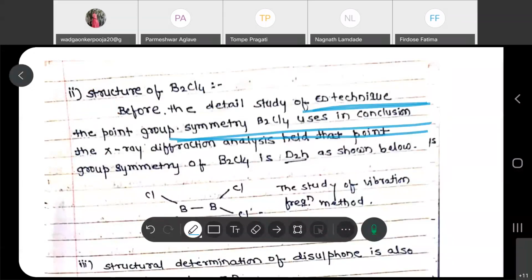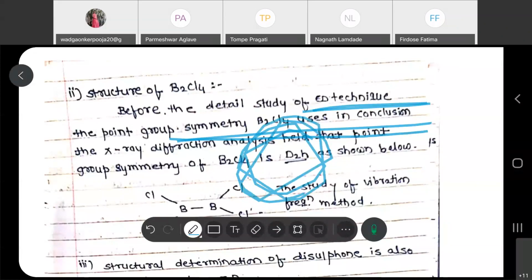That point is nothing but group theory, the point group, or you can say the group symmetry. And what is the group symmetry for the given molecule, B2Cl4? It is nothing but D2h.